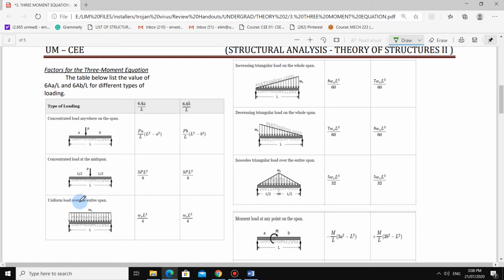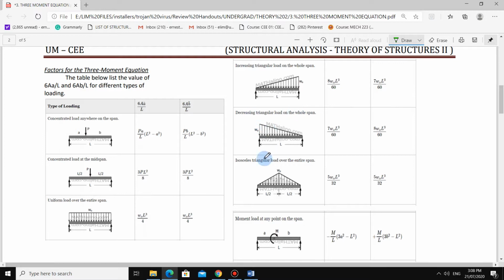For a uniform load over the entire span, it is WL cube over 4, the same for both 6A A bar and 6B bar. How about a triangular load which is increasing? On the left side, 6A A bar over L has the value 8WL cube over 60, then 7WL cube over 60.